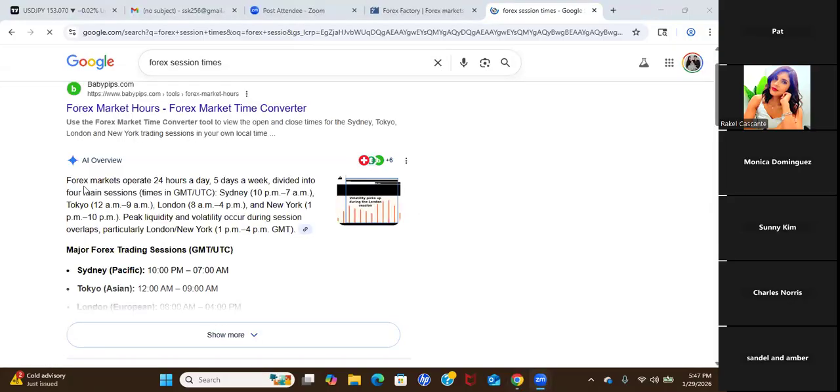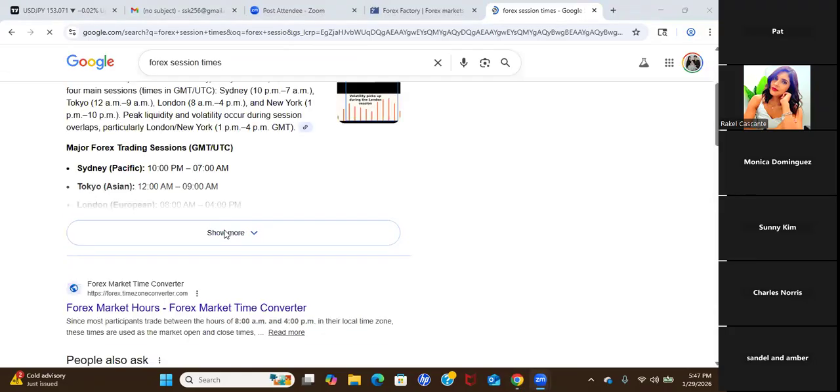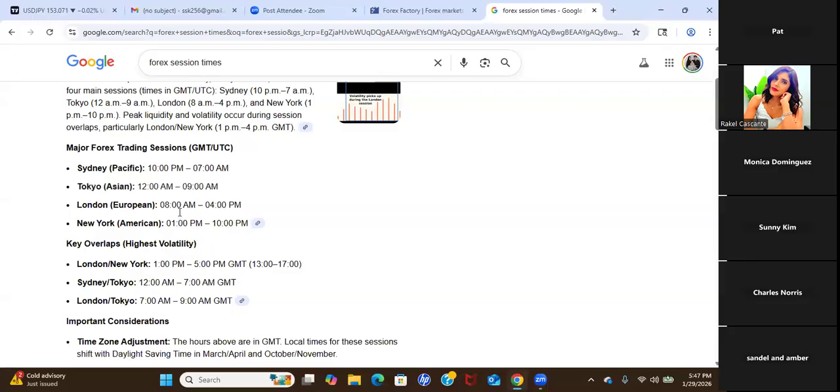Yeah, exactly. London is 8 to 4, so that's about 2 a.m. Central America time. So you get a lot of action there. And then the New York session is like 7:30 a.m.